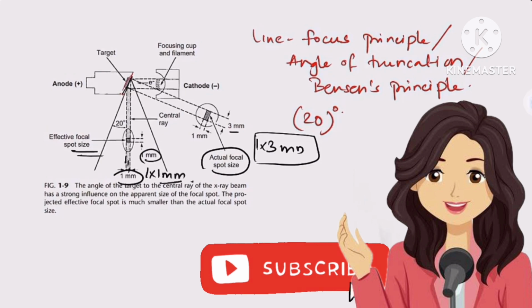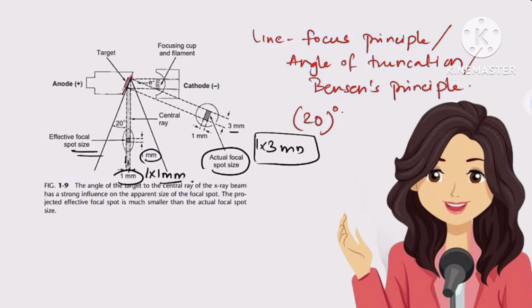Finally, what we need is to reduce the size of the focal spot so that we get a sharper image. By angulating the anode at 20 degrees, we get an effective focal spot size of 1 into 1 mm, which gives a sharper image. But why are we angulating?